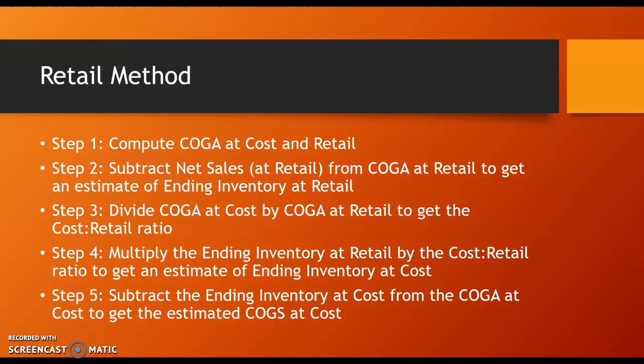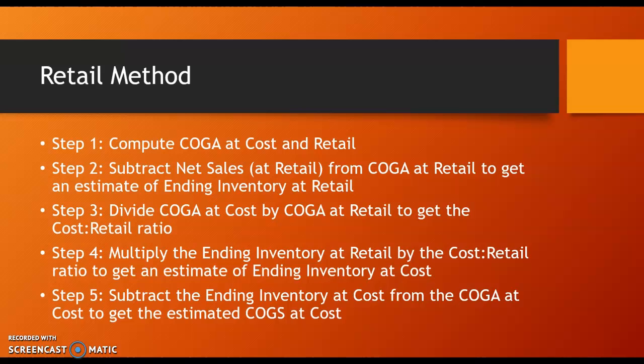But we also need to compute the cost of goods available at retail prices. So we need to take the beginning inventory and all the purchases and calculate out at retail prices rather than at a LIFO or FIFO cost numbers, how much that cost of goods available would be.